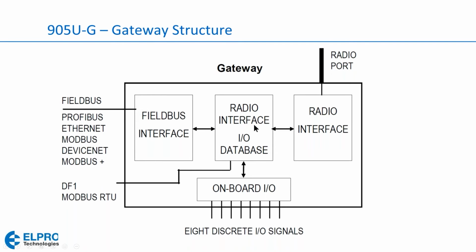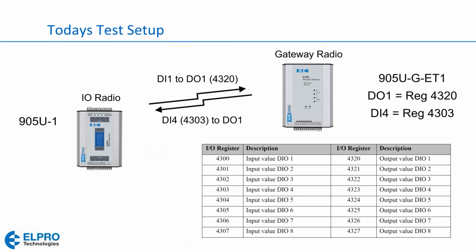Once we transfer the data over the air from a remote radio in through the antenna port into this radio database, if we wish to use that as Modbus or Ethernet IP, we have to transfer it over, and that's a second step. Okay, I'm going to show you all that in just a minute.